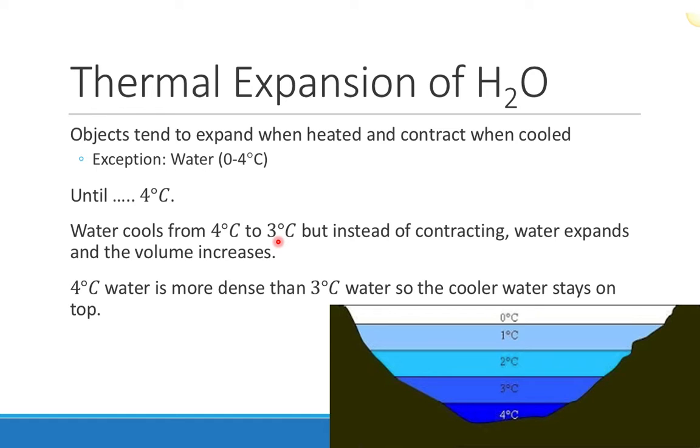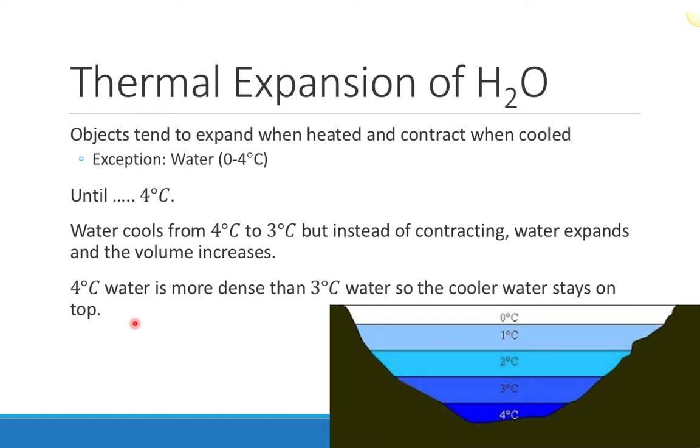As the water expands, the volume increases, and that means its density decreases. So what does that mean? That means that 4 degrees Celsius water is actually more dense than 3 degrees Celsius water, so the cooler water is going to stay on the top. That's not normal, right?